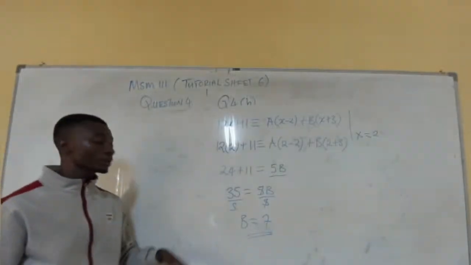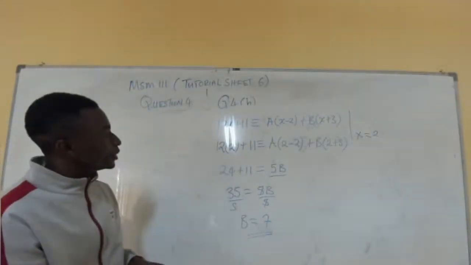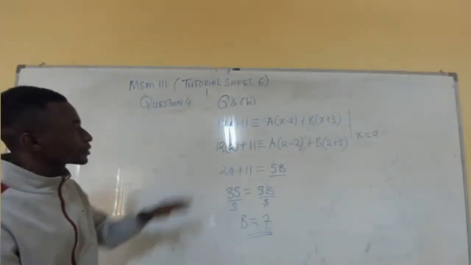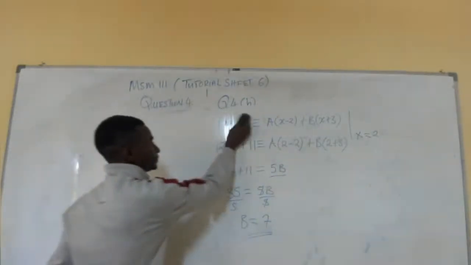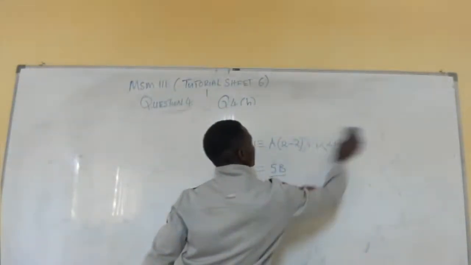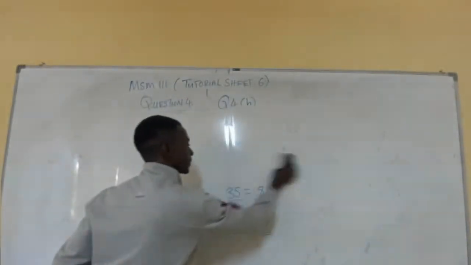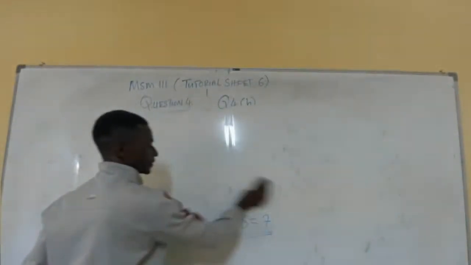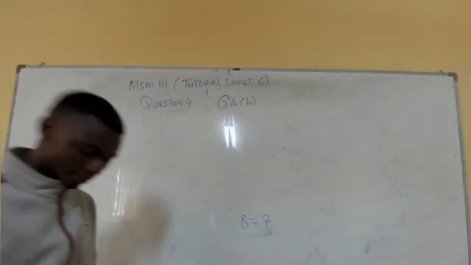Now since we know the value of a and the value of b, we can resolve that expression into partial fractions. So the expression, where is the expression?